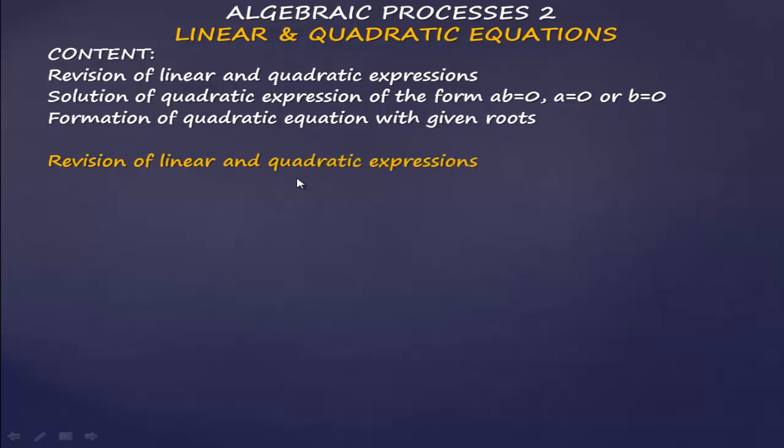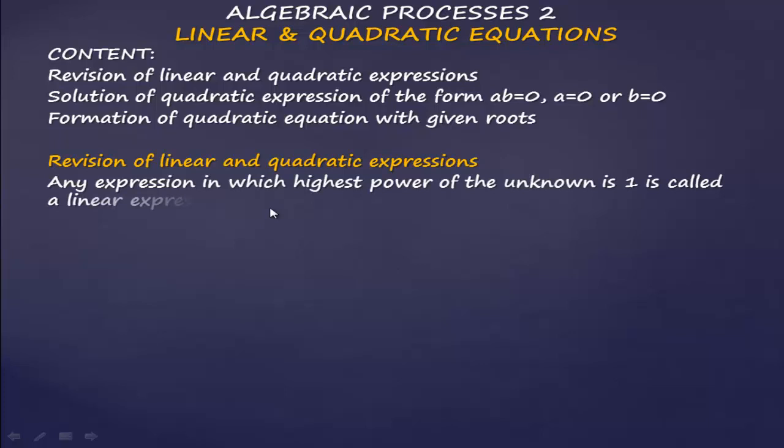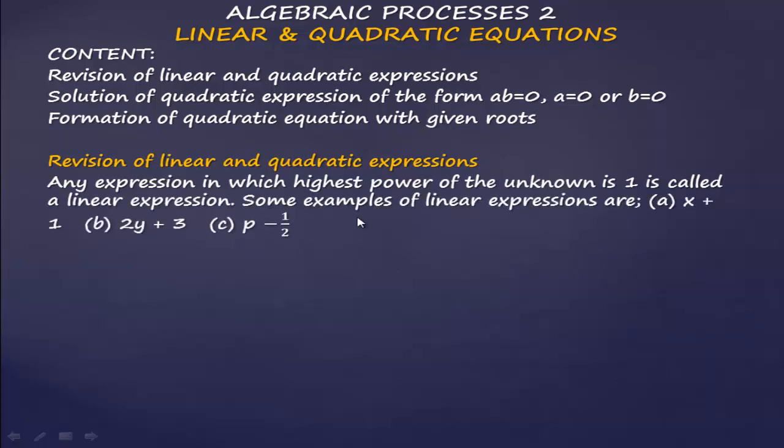Now let's go. Revision of linear and quadratic expressions. Any expression in which the highest power of the unknown is 1 is called a linear expression. What I mean is that the power is not greater than 1. So just like this, x plus 1 is a linear expression, since x is not raised to power 2 or 3.